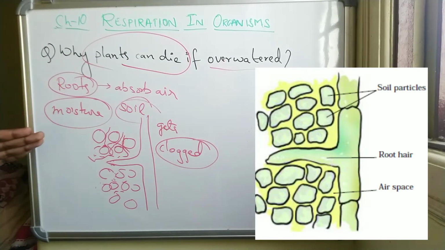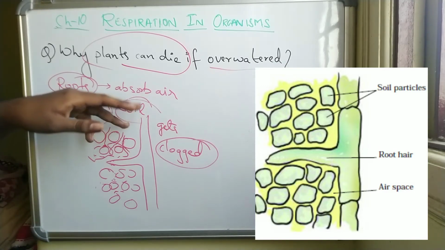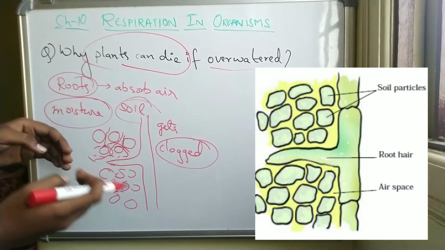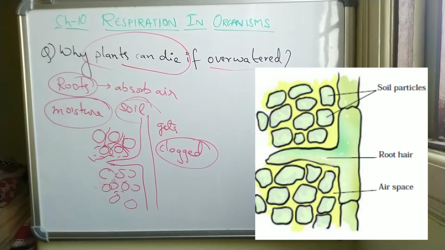So the basic thing, I'll repeat. Roots absorb air. From where? From soil. In the soil, air is present between soil particles. You can see the figure on the screen also.